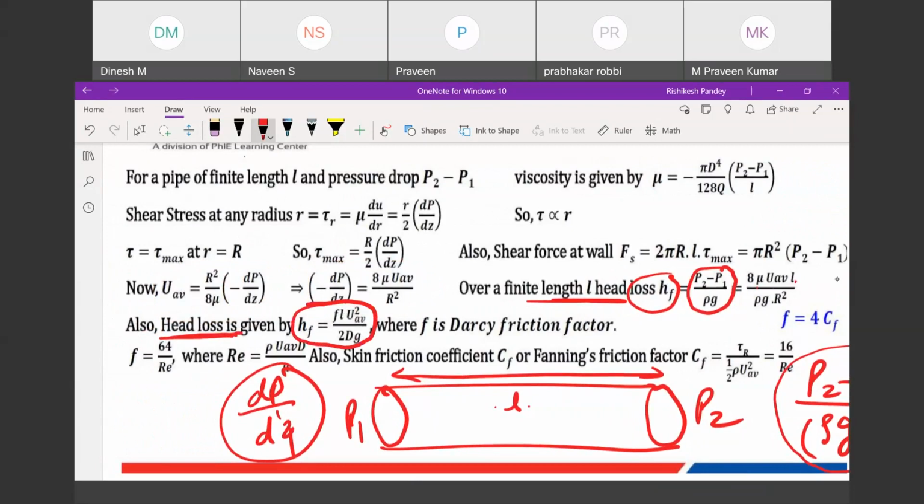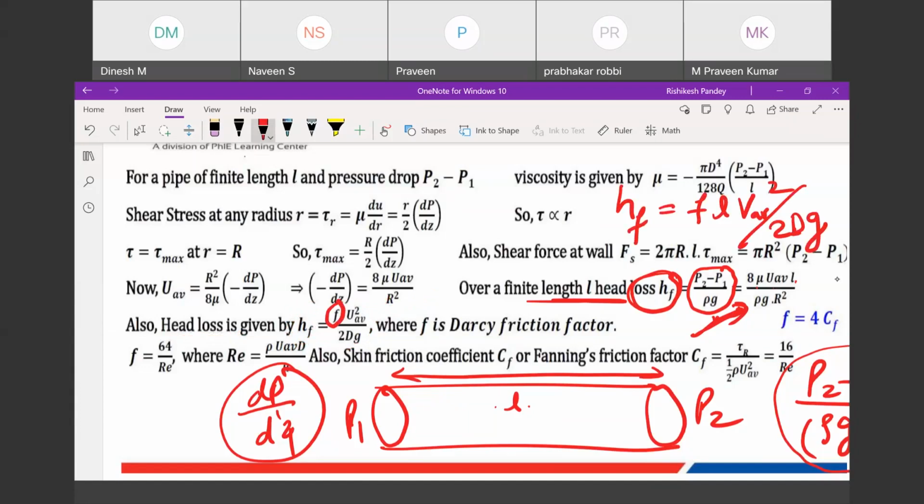Now if we compare this equation and this equation, the left-hand side is HF, here also the left-hand side is HF. So the right-hand side we can compare. See, the Darcy friction equation is F L v square, where v is average velocity, by 2 dg.